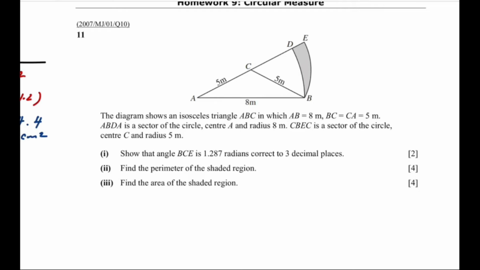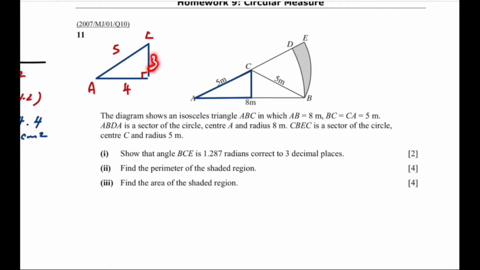You can use the cosine rule to find the angle here, or you can use a right angle triangle. When I draw a right angle triangle here, I have C, and I have A here. The 8 cm isosceles side is divided into 2, so this is 4. This is 5.